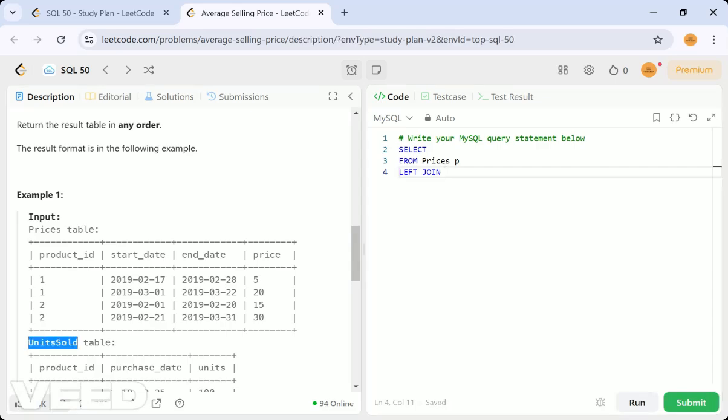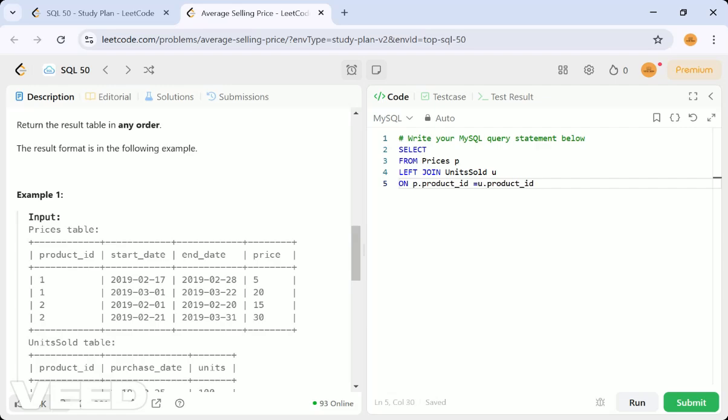And the next table we have here is the units table. We can give the alias name U for this. Then we have to add the ON condition. The only thing we have here as a foreign key and primary key is product ID, right? So with that we can join.